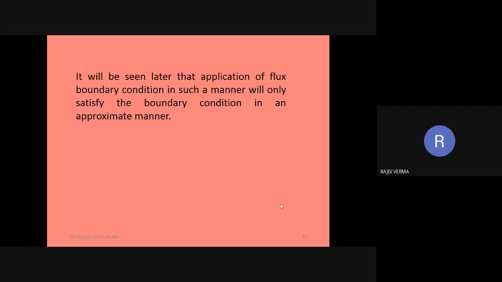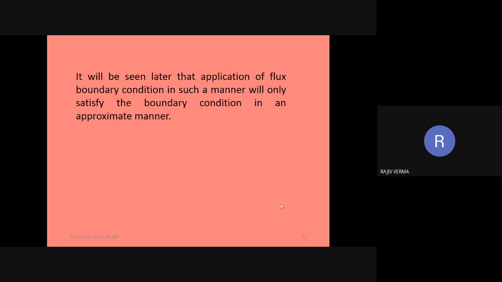It will be seen later that application of flux boundary condition in such a manner will only satisfy the boundary condition in an approximate manner. I'm just trying to explain this particular paragraph.